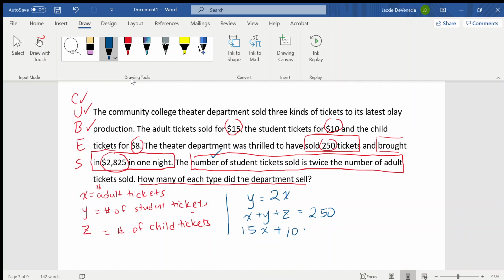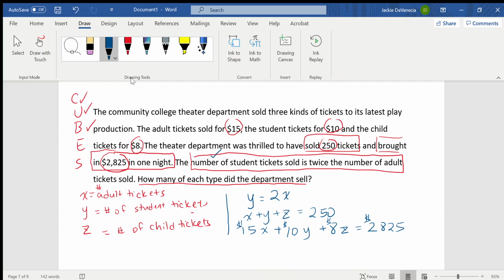We don't know that, so that's Y. And child tickets, so $8 times the number of child tickets, we don't know that, so that's Z, is equal to $2,825. So I know this is correct because for us to get a total amount of money, I have to keep on adding money. It won't make sense if I just added the X and Y and Z together. I need to add up all the money together.